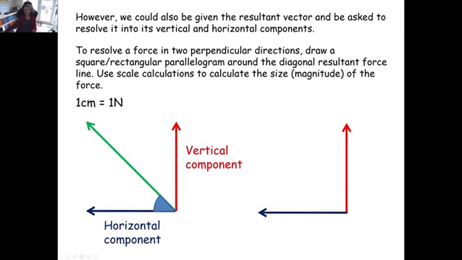So we would draw in our first vector, and then at this point we would draw our second vector, and then you would join them together at the start of the first vector to the end of the second vector, and that would give you your resultant vector. And all we're doing here is the opposite, resolving it into its vertical and its horizontal components.